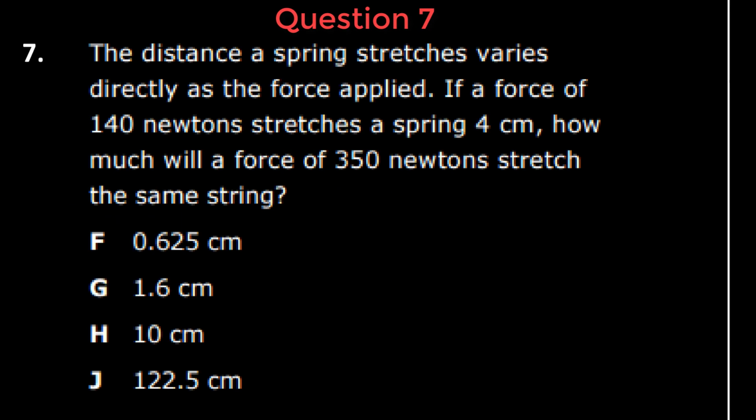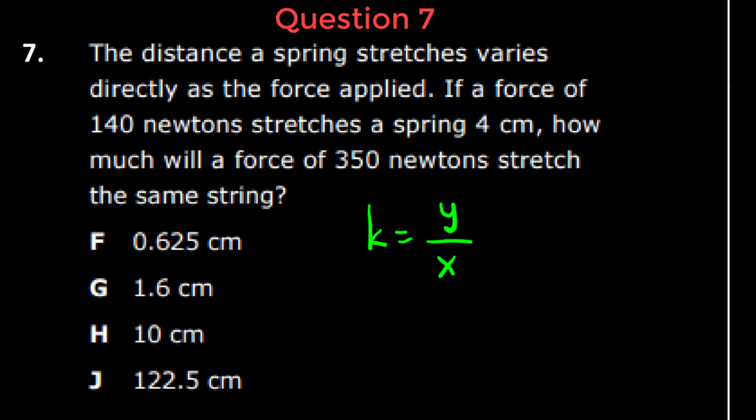Question number 7. The distance the spring stretches varies directly as the force applied. If a force of 140 newtons stretches the spring 4 centimeters, how much will a force of 350 newtons stretch the same spring? In a direct variation, the constant of proportionality remains the same, so k equals y over x. Let's say the force is the input and the stretching length is the output.